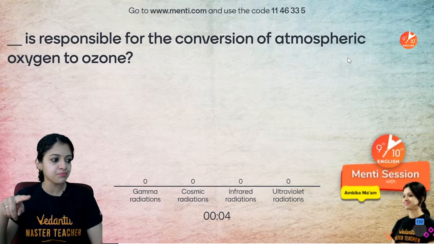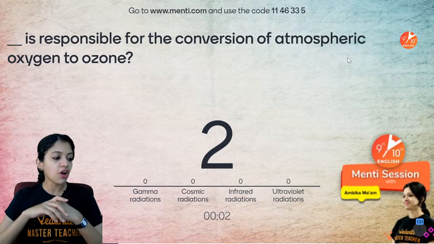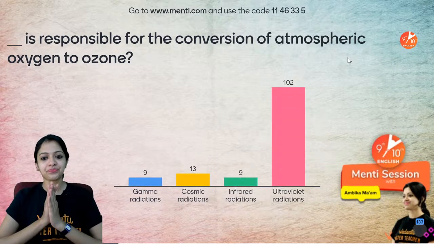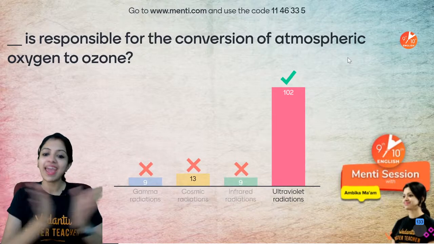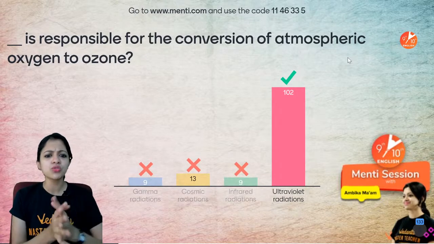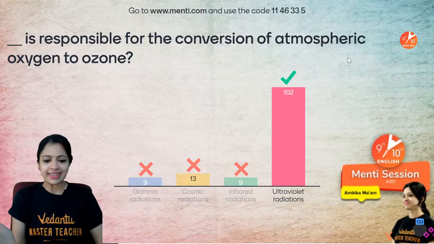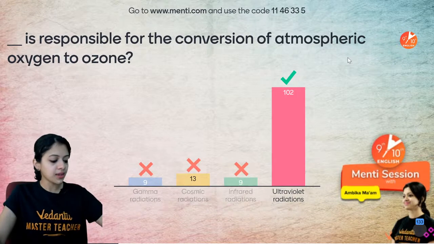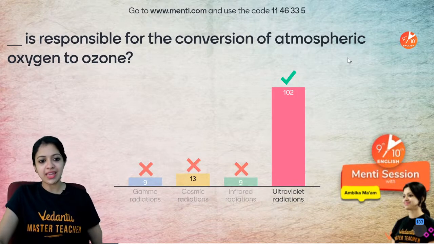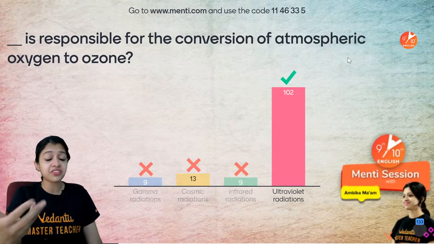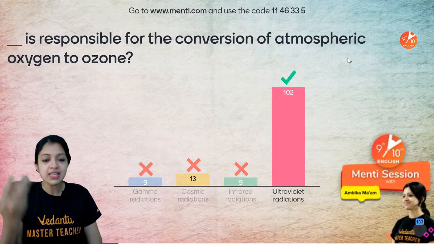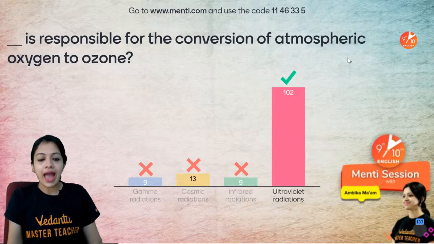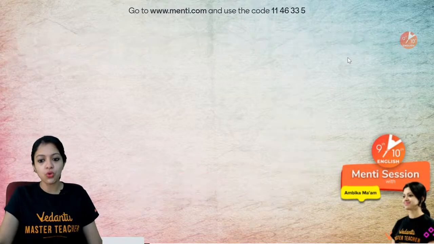And your time is up. Very well done, you're exactly correct. Ultraviolet radiations promote the combination of molecular oxygen with atomic oxygen to convert it to ozone.